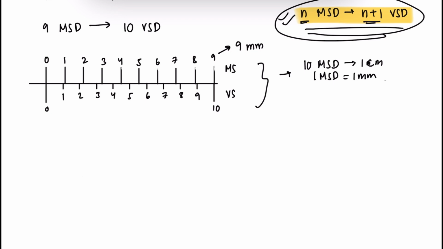So that means 10 VSD should be equal to 9 millimeters. So from that, obviously we can say that 1 VSD is equal to 9 over 10 MSD. We've derived all of these in previous videos. So after we get that, all we have to do is write down what each Vernier scale division corresponds to.